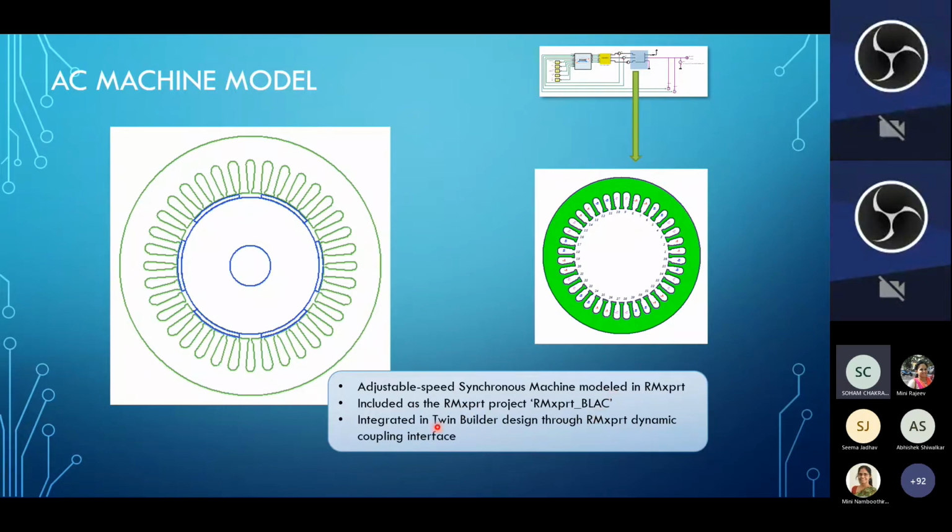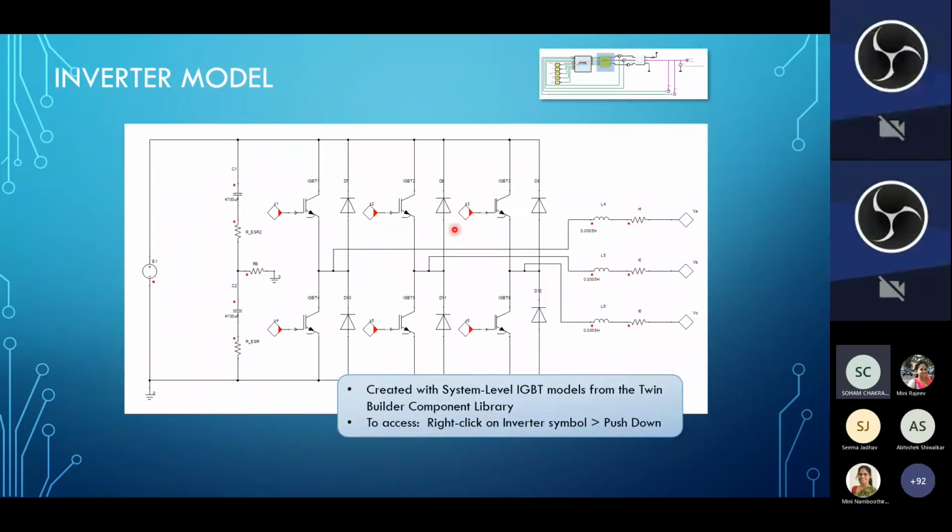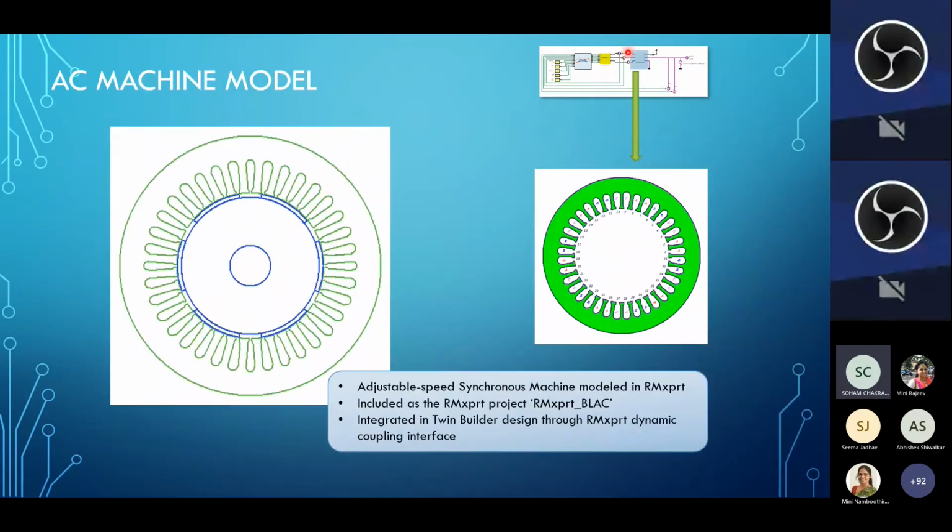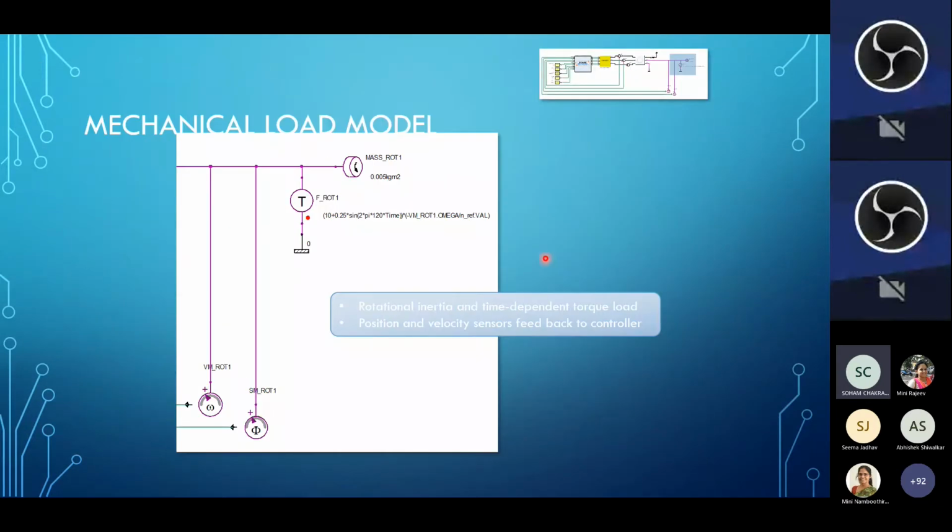And then it can be integrated in Twin Builder. Similarly, this is the inverter model or the converter part, as you can see modeled here, right? And again, it can be imported into Twin Builder to simulate it together. So you can make this inverter model in a separate model, you can design this motor in another part, and third, this load can be designed separately.